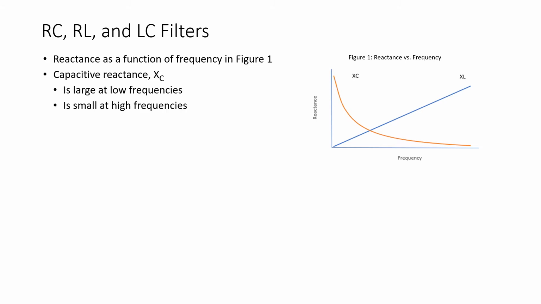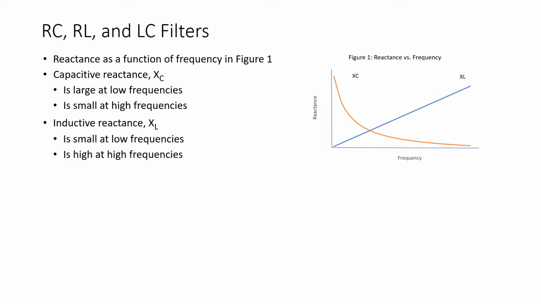Looking at the curve for X sub C, note that X sub C is large at low frequencies and is small at high frequencies. Inductive reactance, X sub L, is small at low frequencies and is high at high frequencies.